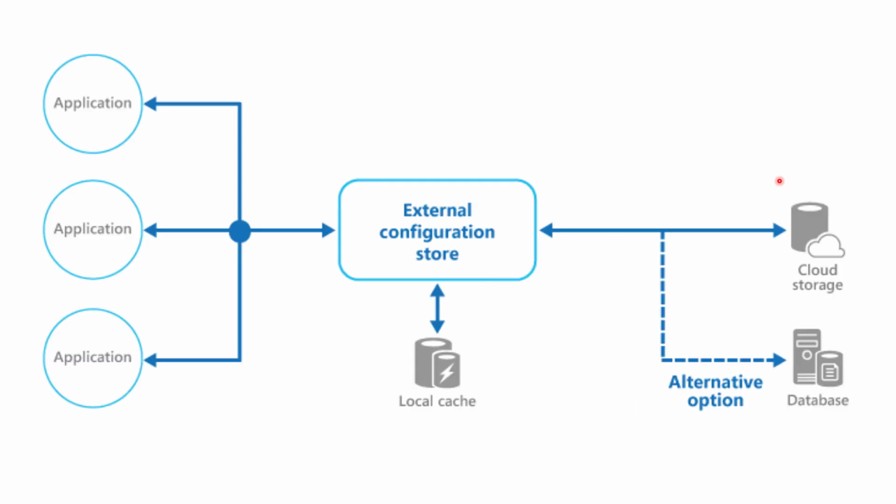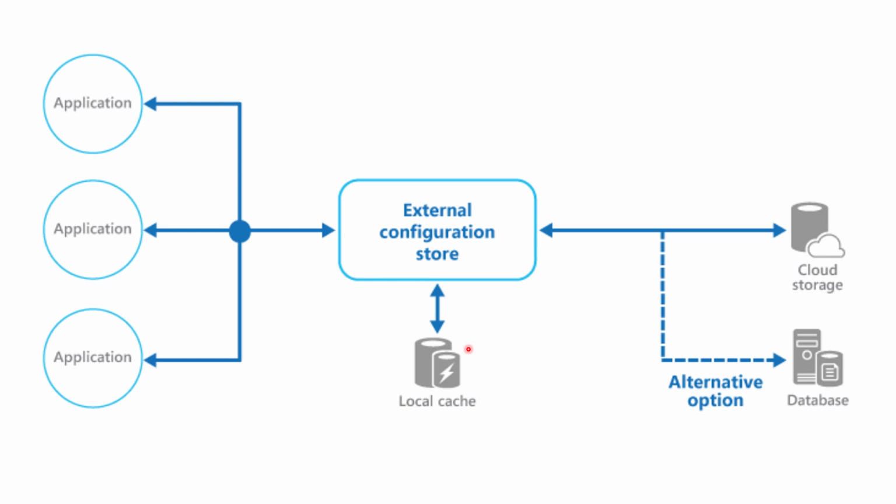Now let's have a look at this diagram that I've got from Microsoft documentation that explains it really well. So we are going to have different sorts of applications that read from an external configuration store, which is going to be a cloud storage, SQL database, Key Vault, blob storage, any cloud storage you would like to use. And it's going to be even better if you are going to cache this configuration into a local store for faster retrieval.